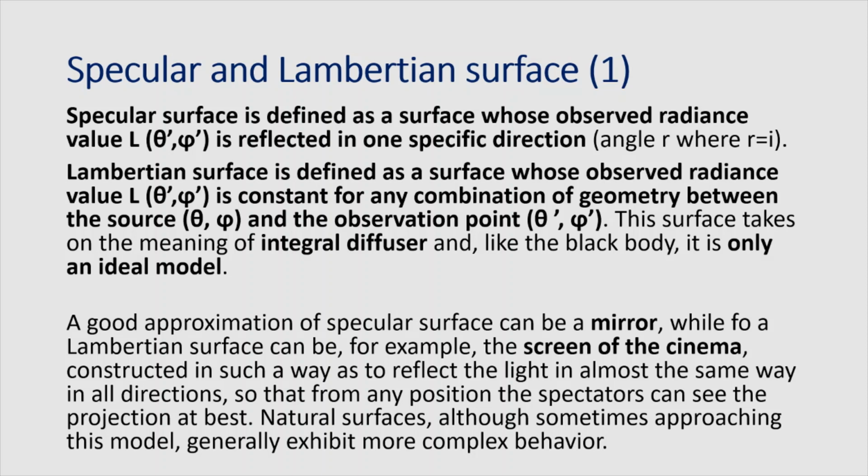While if you have, as in reality, a screen that is acting like a Lambertian surface, you can stay in whatever position and you will see what is displayed over the screen, because the reflection is independent from the incident angle of the electromagnetic source.